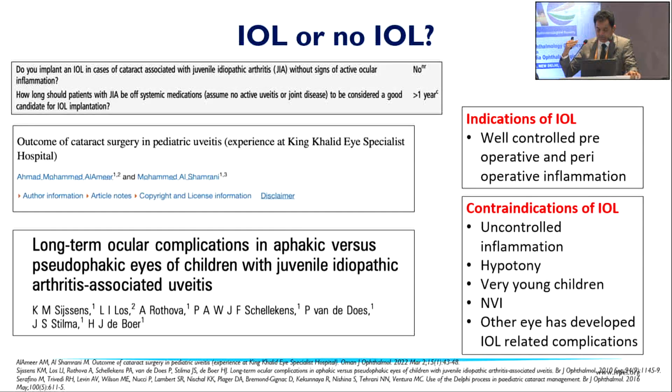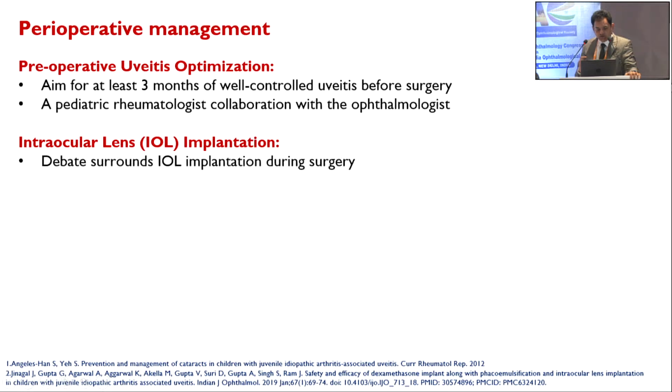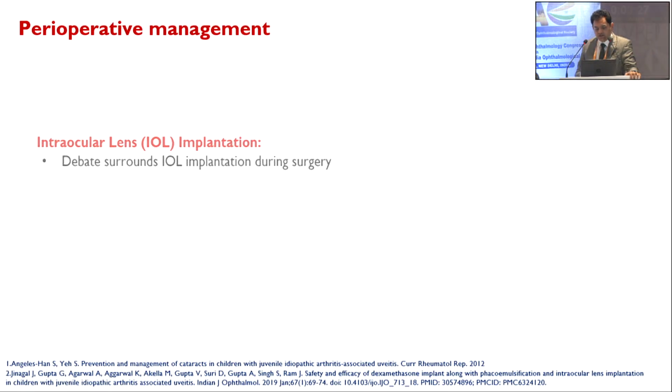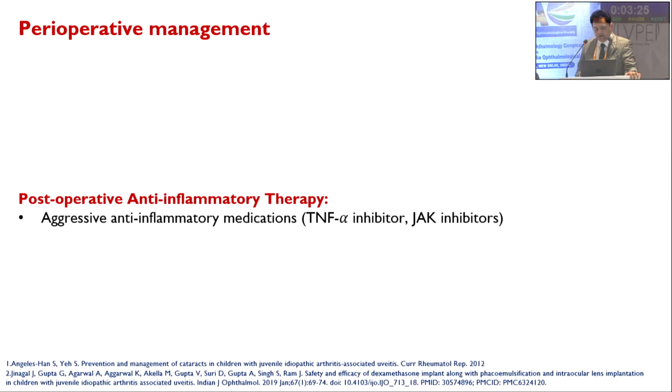patients, and publications are there on whether to go for aphakia or pseudophakia. These are the indications as well as contraindications, all evidence-based information from all the places. So these are the pre-operative considerations for intraocular lens implantation that you need to take care of.